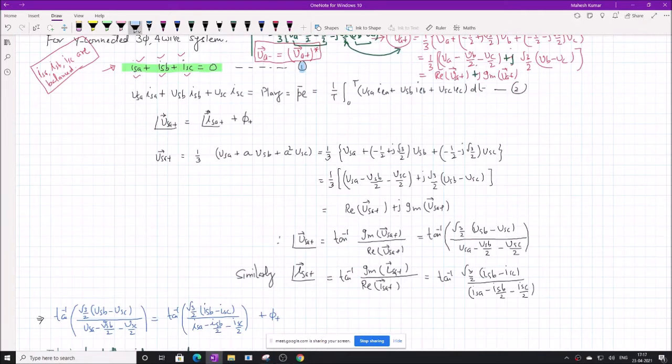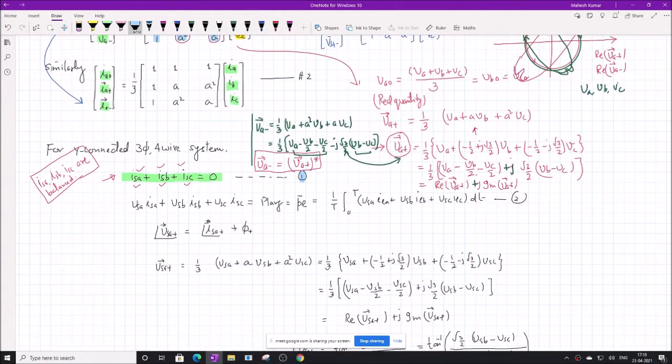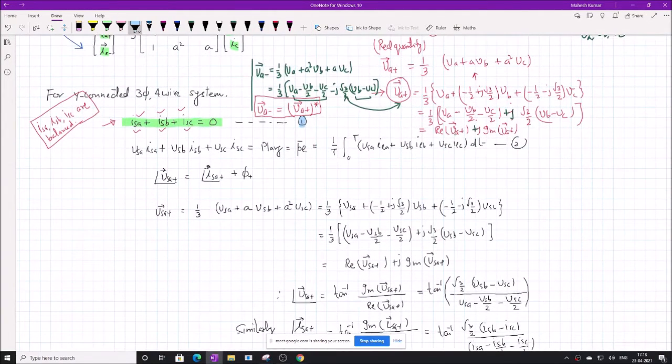Now the second condition is that if everything is fine, then the source power PS, which is equal to VSA into ISA plus VSB into ISB plus VSC into ISC, must be equal to the total average load power, PL average or PL bar, or 1 by T integral from 0 to T of VSA into ILA plus VSB into ILB plus VSC into ILC dt.